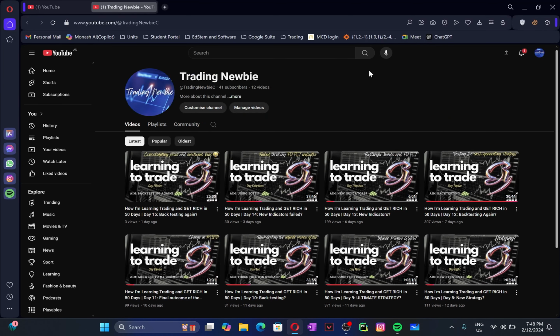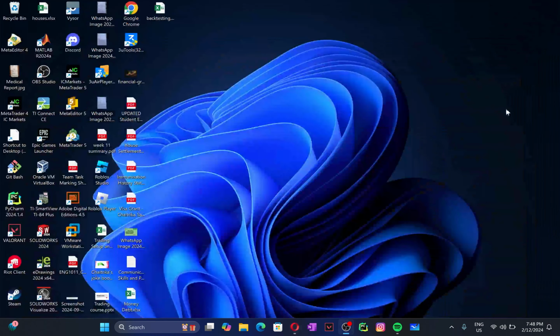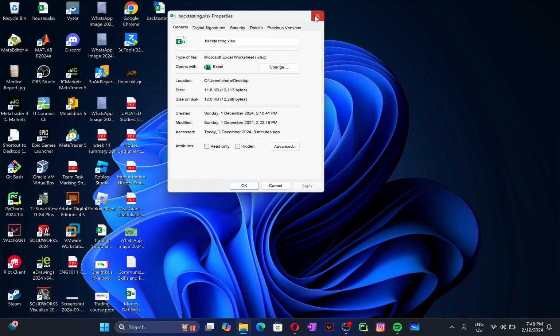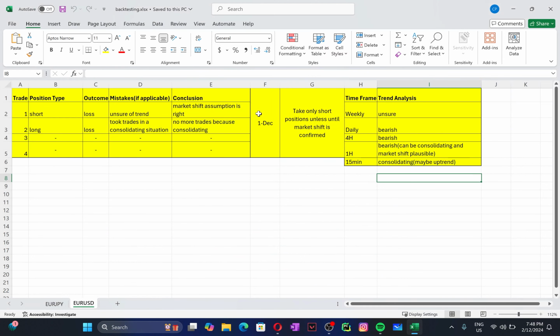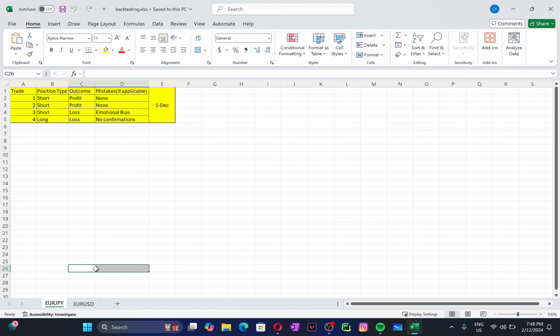So today is a new day, day 16, the third day of our third week, as I already said. What we're gonna do is continue backtesting. As you can see, these were our results yesterday when we did trade.